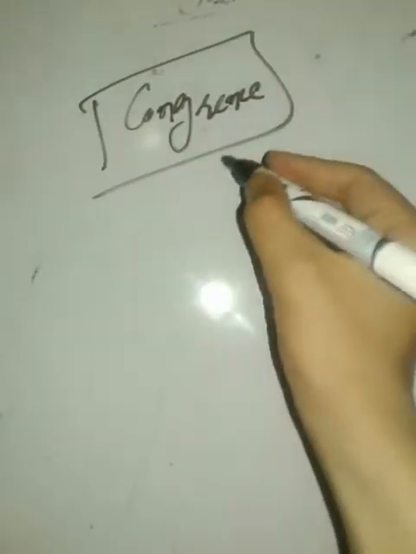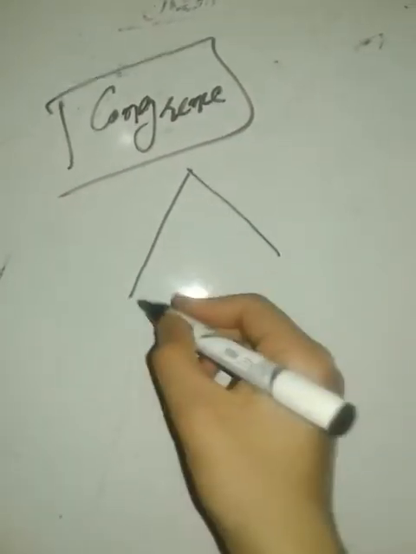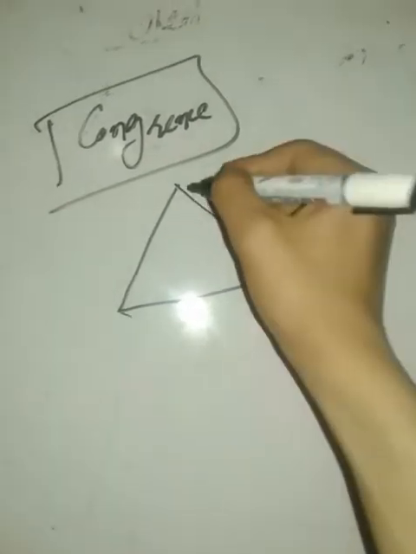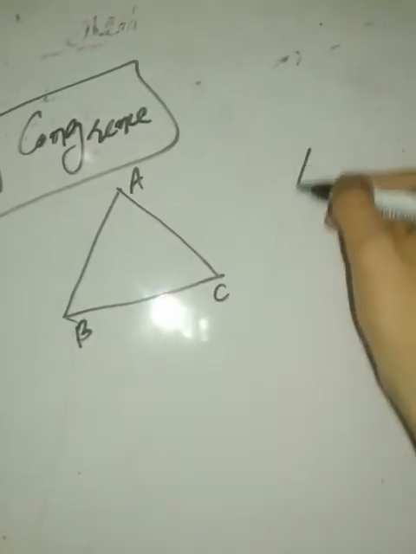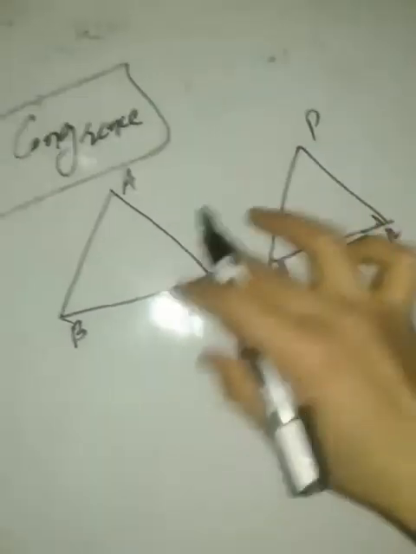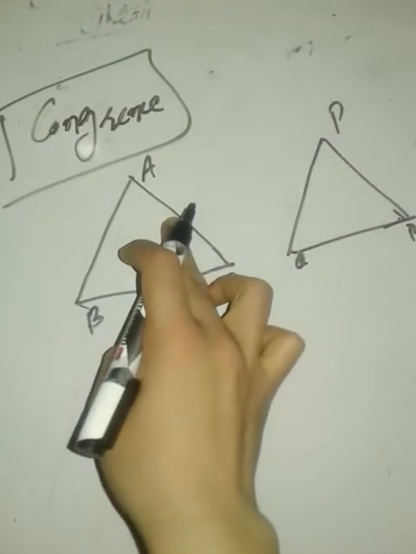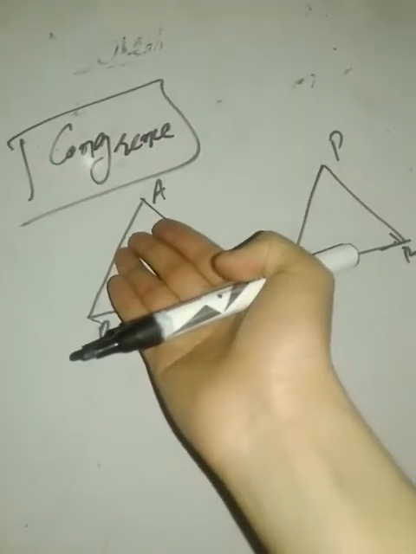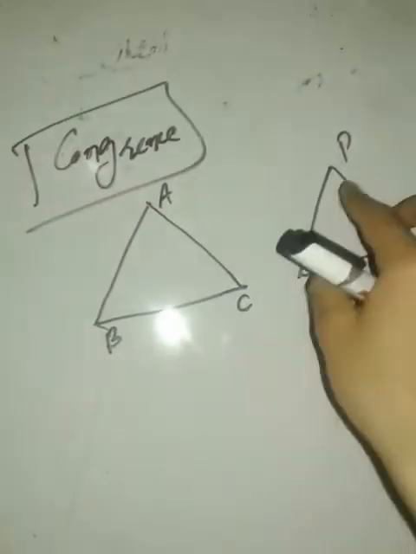Two geometrical figures are said to be congruent if we can superimpose them upon each other, if they can fit each other. For example, if we have a triangle ABC and another triangle PQR, and we put this triangle on that triangle or vice versa, they will fit upon each other without bending and twisting.